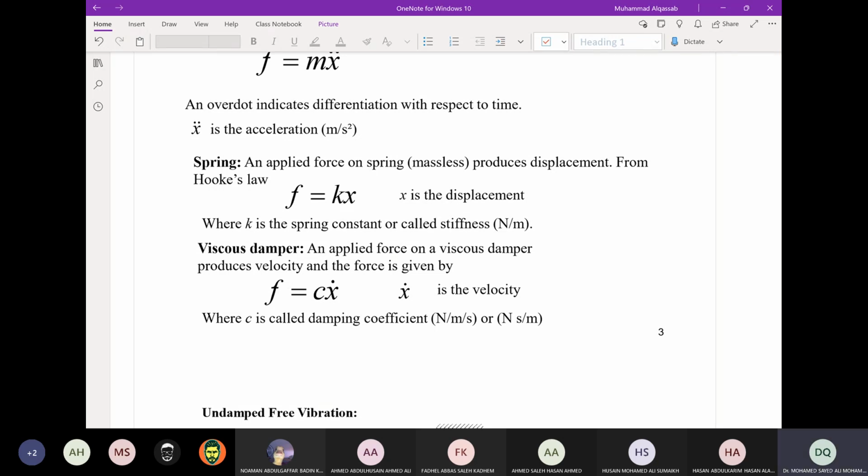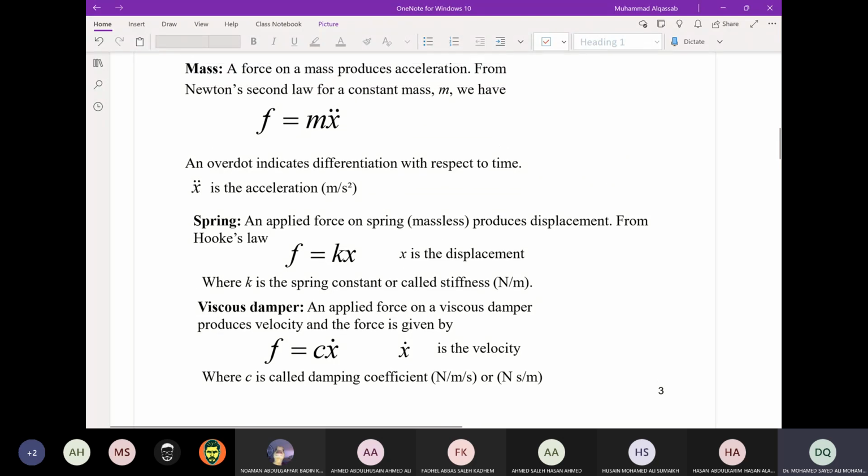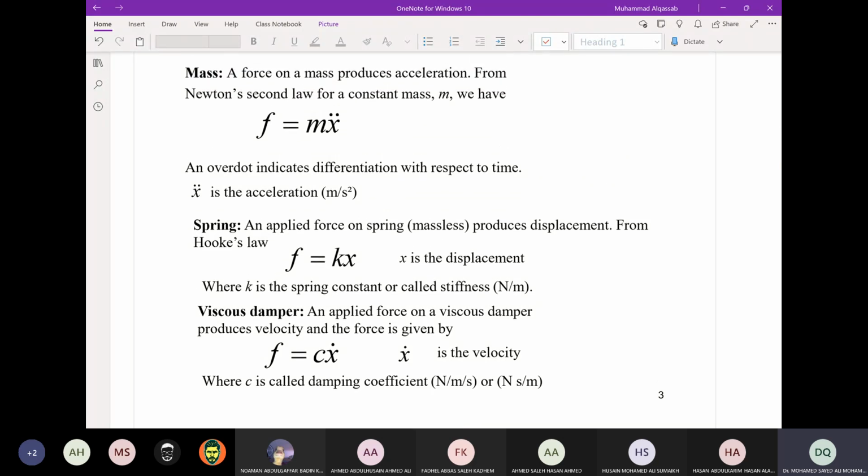You can make it simpler, that is Newton second per meter. So those are the three forces for the spring mass system: the force is directly proportional to acceleration for the mass, directly proportional to displacement for the spring, and directly proportional to velocity for the viscous damper. All those relationships are linear.